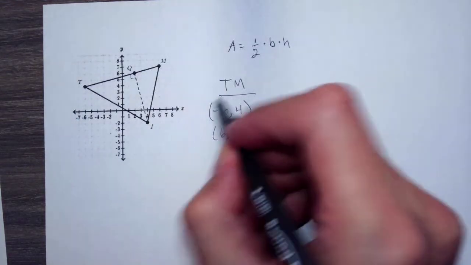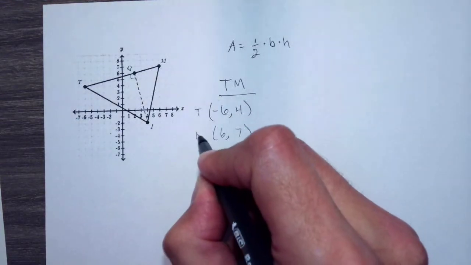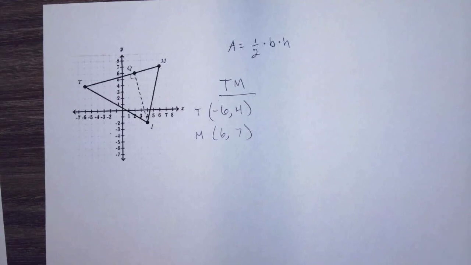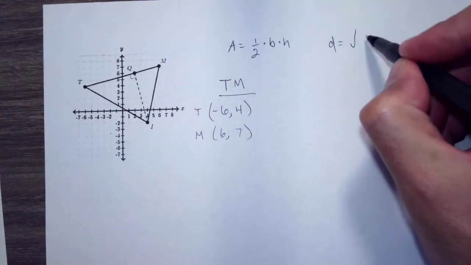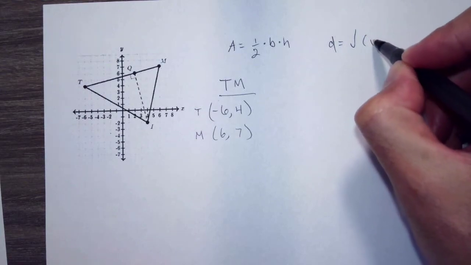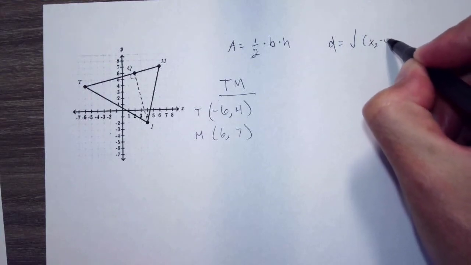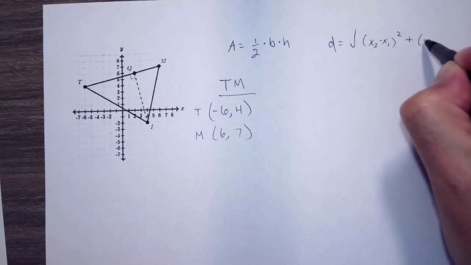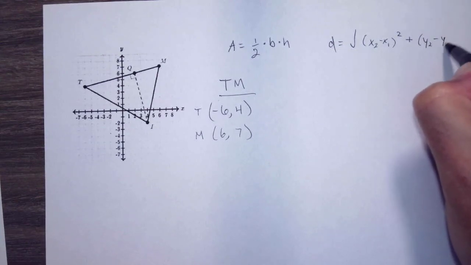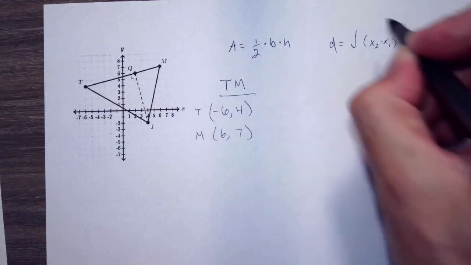So this is the coordinates of T, that's the coordinates of M. I want to find the distance using the distance formula. I'll write it down again. The square root of x2 minus x1 quantity squared plus y2 minus y1 quantity squared.